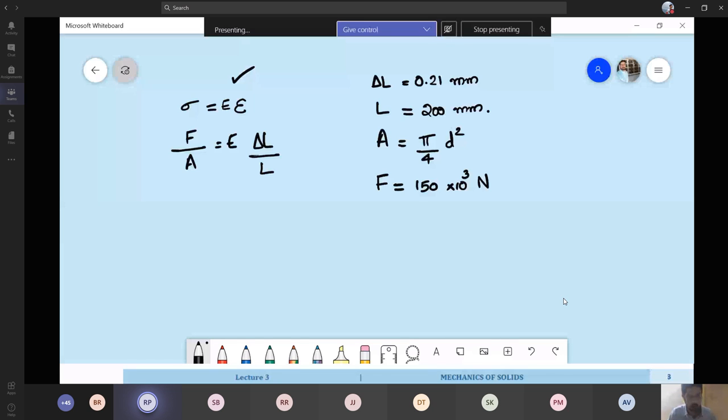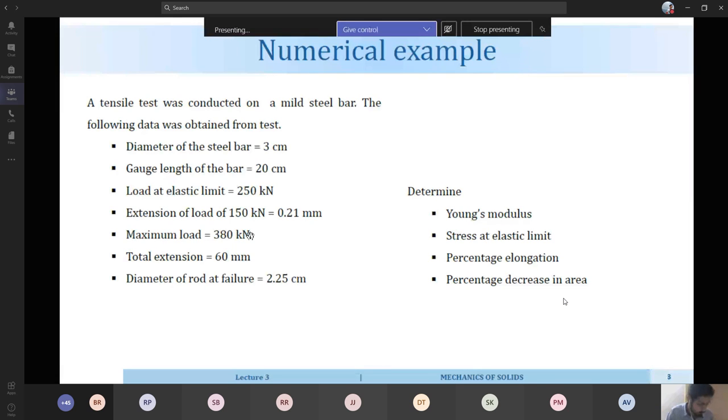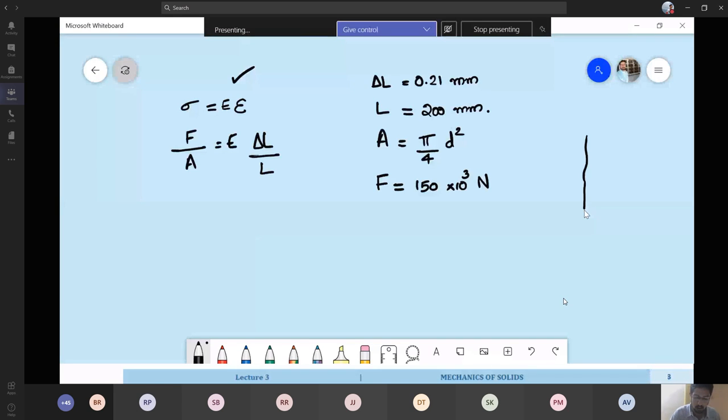That's also true, but at the same time it says the elastic limit is happening at 250 kilonewton. Yes, sir. When we draw the graph, till this region it is a straight line, till 250 kilonewton.